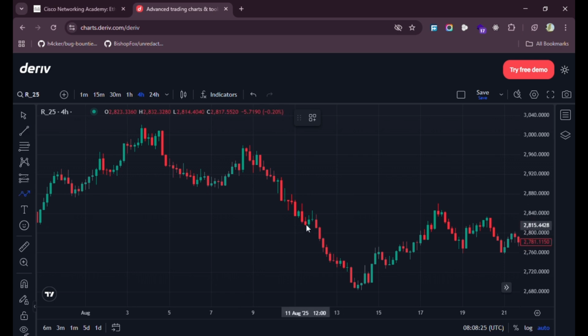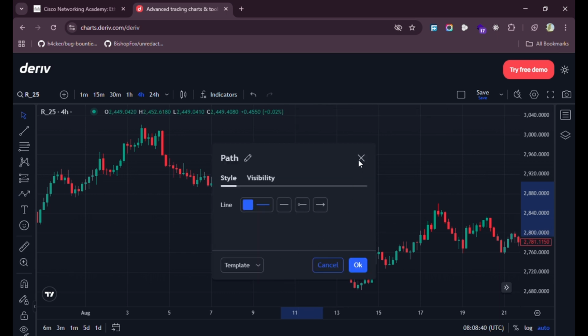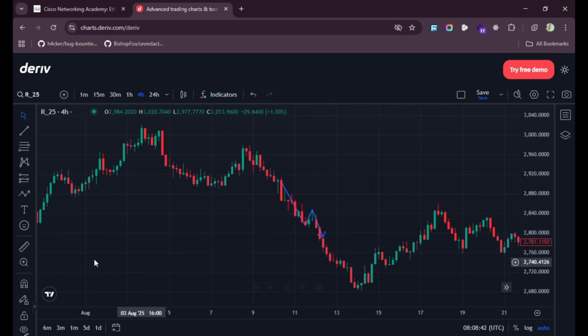From this point, you see the market can be different. Then we will build the structure and look at the structure.